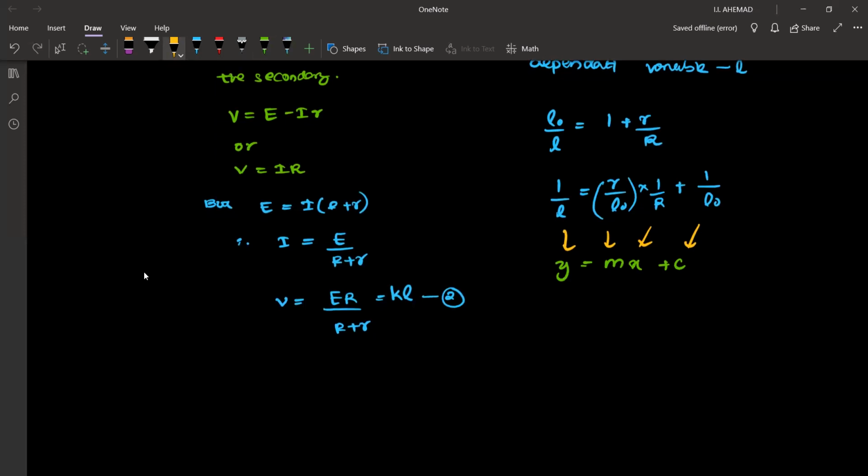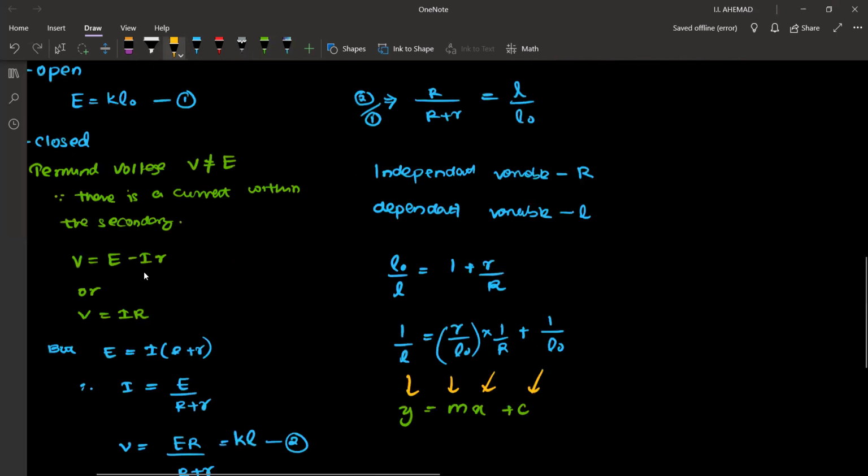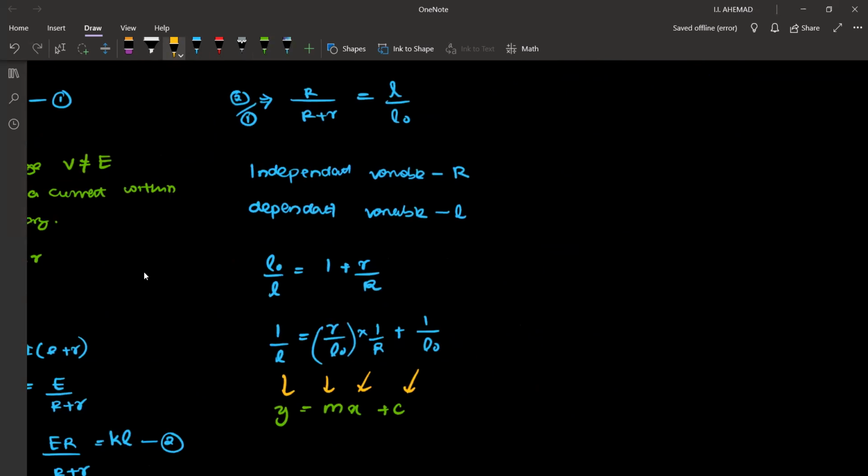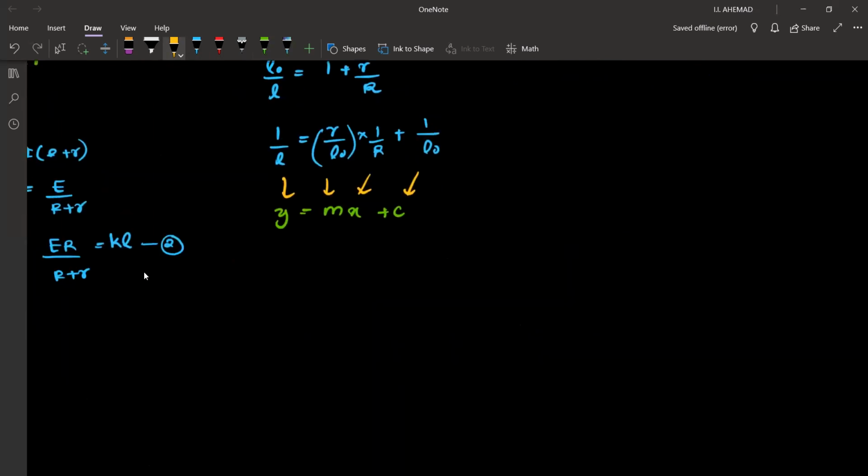So you can get several data points. You can change the value of R, the value of L will change. Using those data points, we can plot a y equal mx plus c graph. So if I plot 1 over L with 1 over R, I must obtain a y equal mx plus c graph.